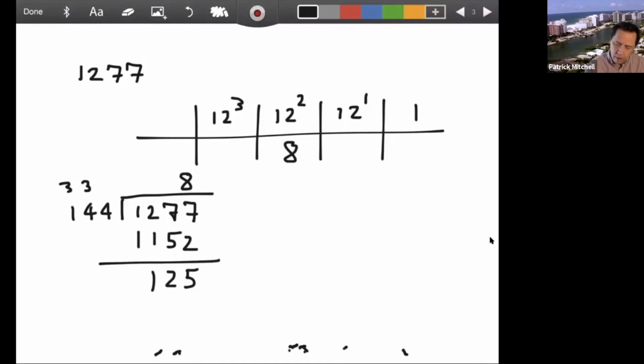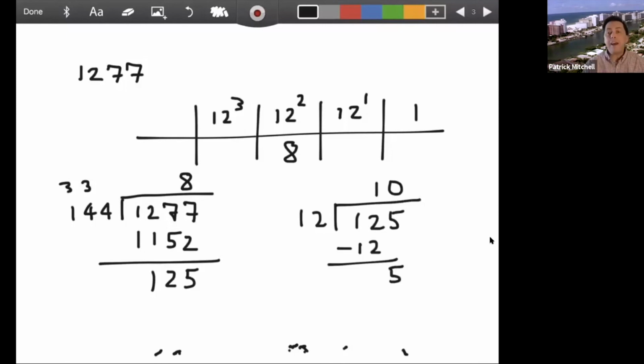Next, I need to know how many times does 12 go into 125. It goes 10 times. Okay, but remember that's not how we write the number 10 in base 12. We write it like this. And we have 5 left over. So instead of asking how many times does 1 go into 5, you can just put a 5 there.